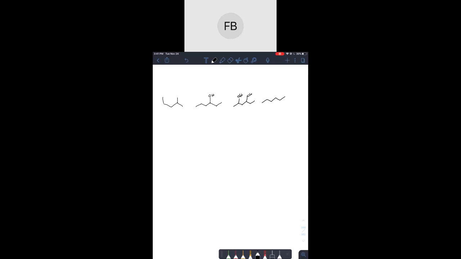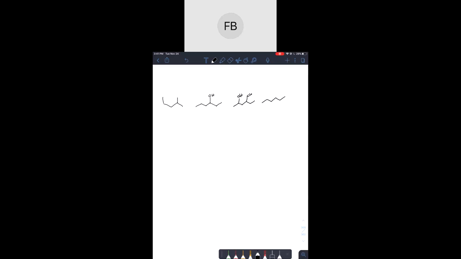When you look at this, first of all, they all have the same number of carbons, right? Yeah, they all have the same number of carbons. But the difference is that there's some branching going on in this one, and also there's some OH bonding going on in these, and there's more OH bonding in that second one.